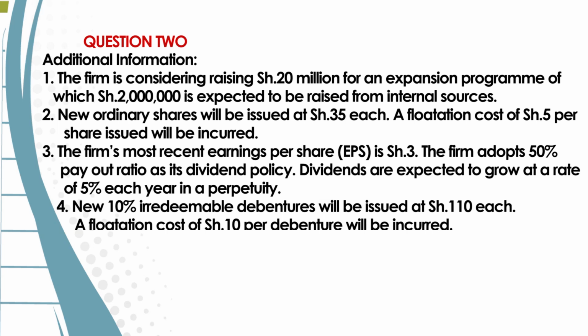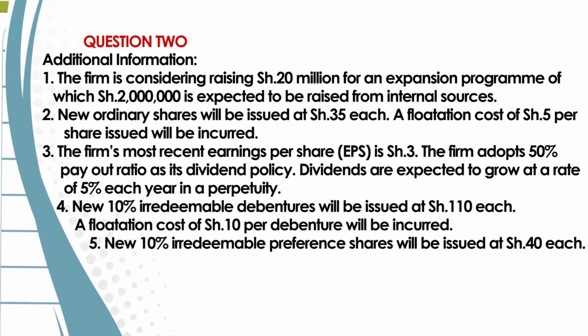In note number 4, new 10% redeemable shares will be issued at 110 shillings each. We have the flotation cost. In note number 5, new 10% redeemable preference shares will be issued at 40 shillings each. So this is the information we are going to use in calculating the weighted marginal cost of capital.